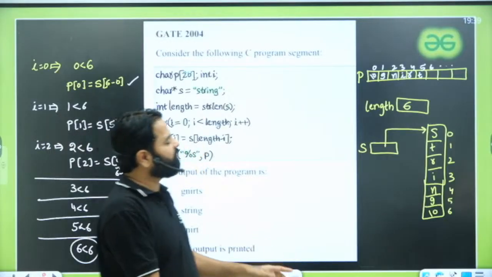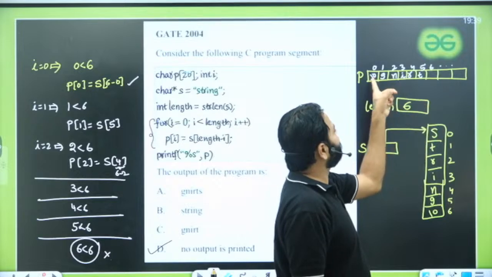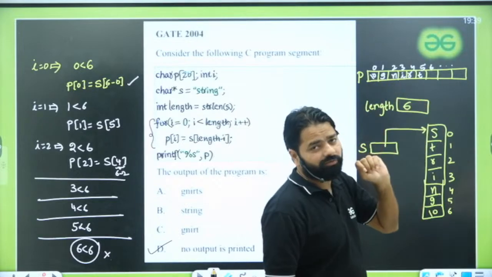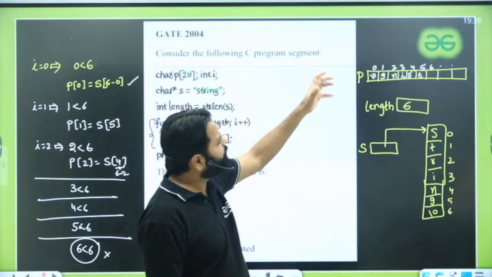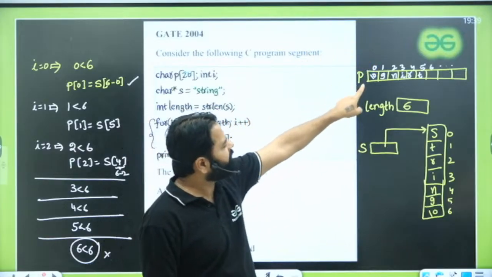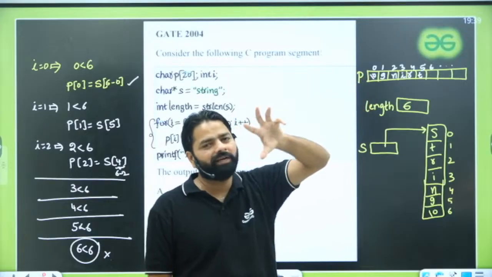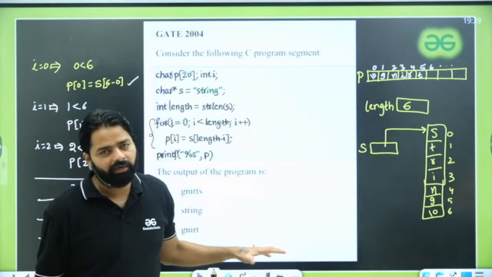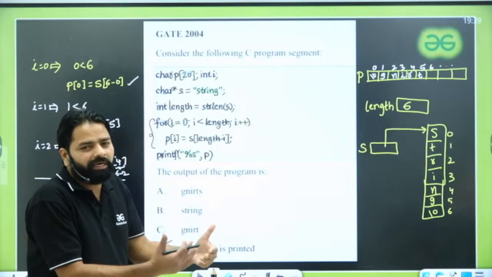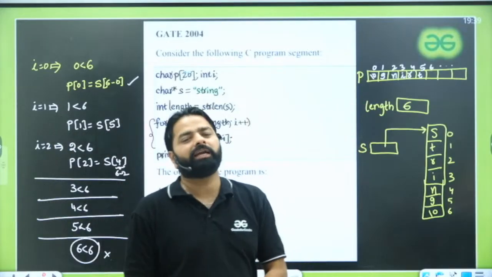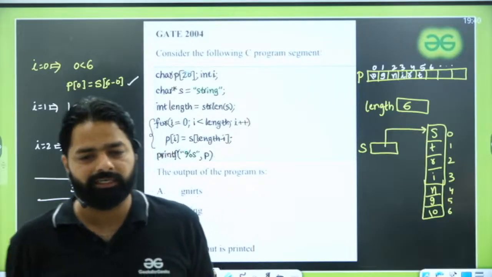There only the answer is over. The null character you are assigning to the first element location of P. Then when you print, from the first element itself there is a null character, so it will stop printing. Whenever you use %s, the job of printf is to print up to the null character. If the first character is itself the null character, it will not print anything after it.